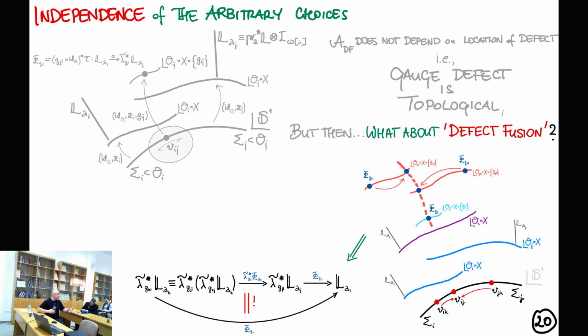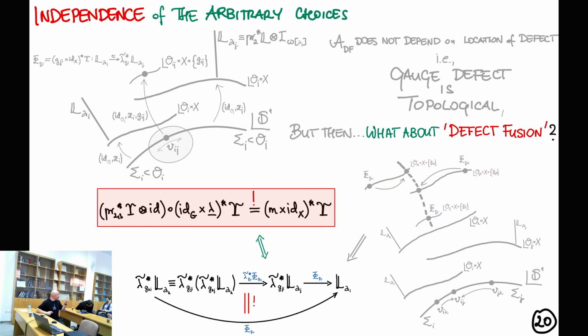It turns out you just compare the composition of the two bundle isomorphisms. One bundle isomorphism, then the other one. This is a comparison between the composition of the two bundle isomorphisms. This is how bundle isomorphisms get composed.